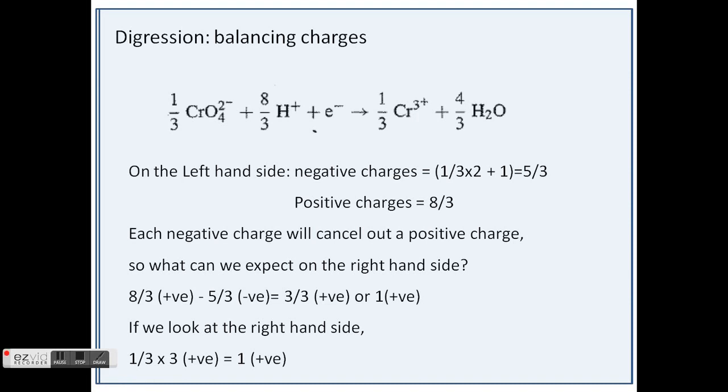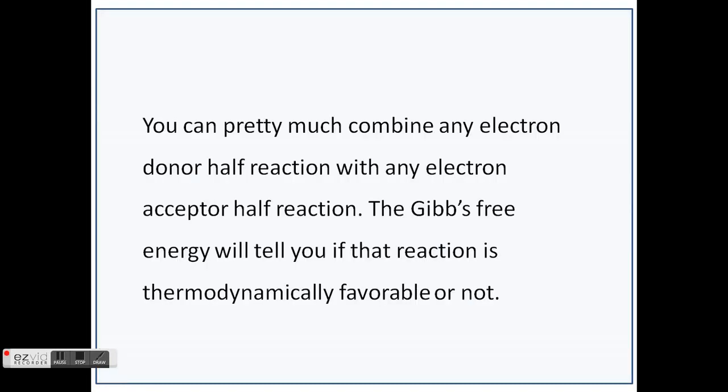Yeah, so pretty much you can combine any half electron donor reaction with half acceptor reaction. So if you think of any reaction or you have any substrate, you're thinking of a product, you just have to look for the corresponding half reactions and combine them, and then you would know whether the reaction is thermodynamically favorable, whether it's spontaneous.